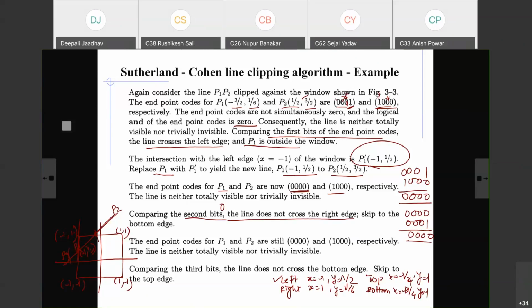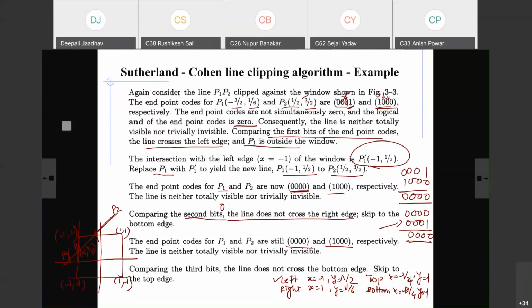So the endpoint codes remain as they are, 0, 0, 0, 0 and 0, 0, 0, 1. Again, when we take the AND, it is 0 again. Now compare the third bit. What is the third bit? It is 0. The third bit is for bottom, which is 0, meaning the line does not cross the bottom.